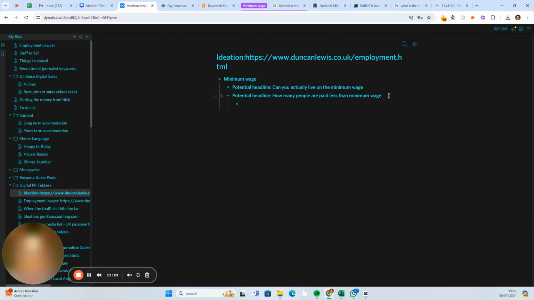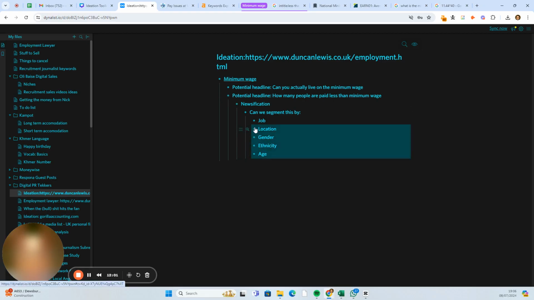Now we want to think about newsification. Can we segment this by job, location, gender, ethnicity, age, some of the key groups.